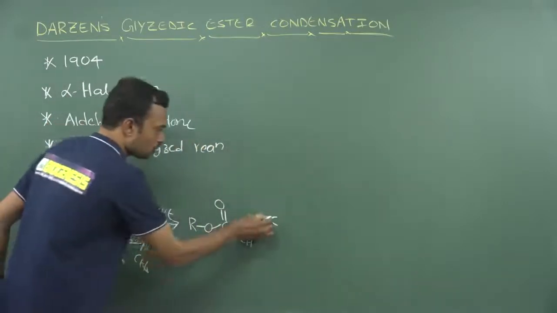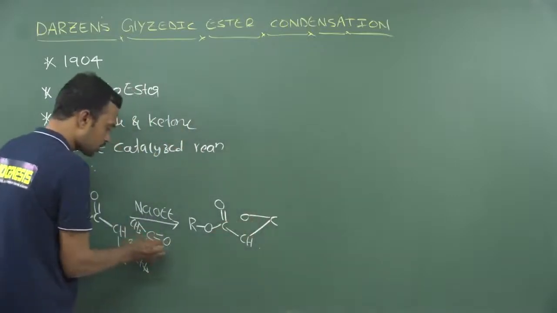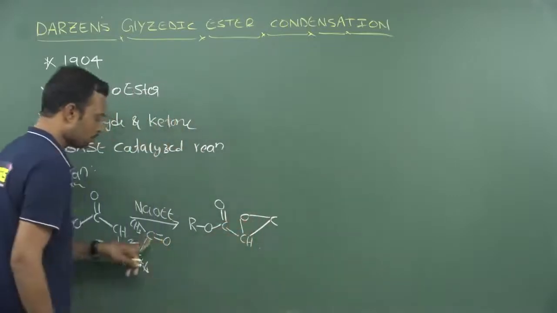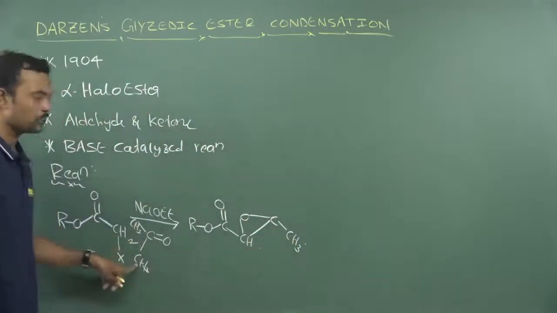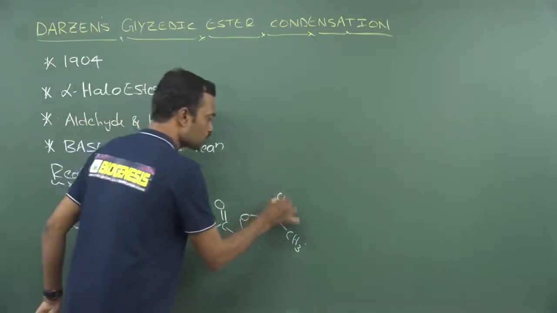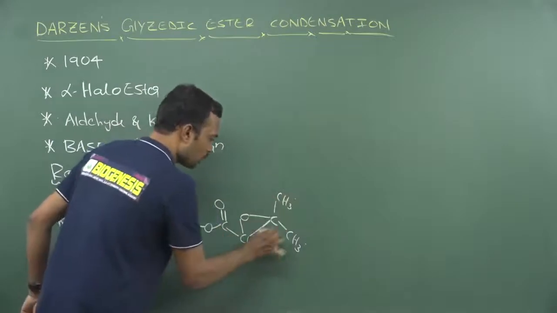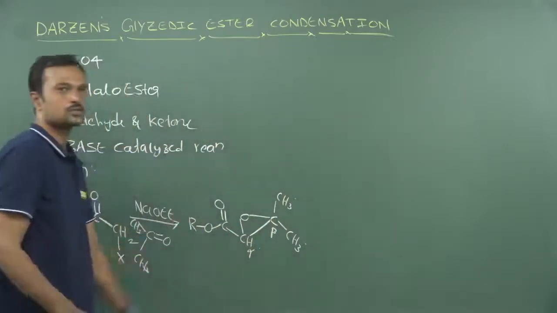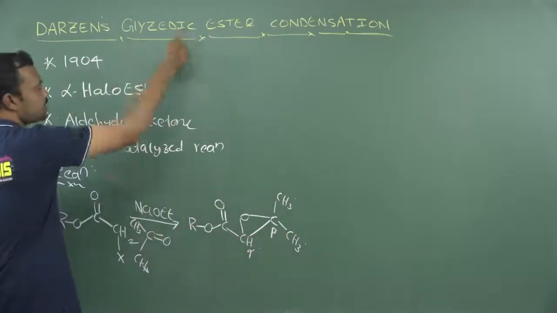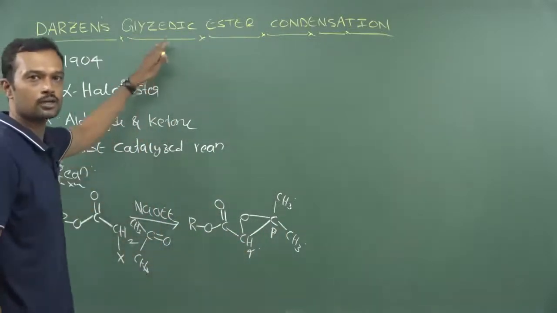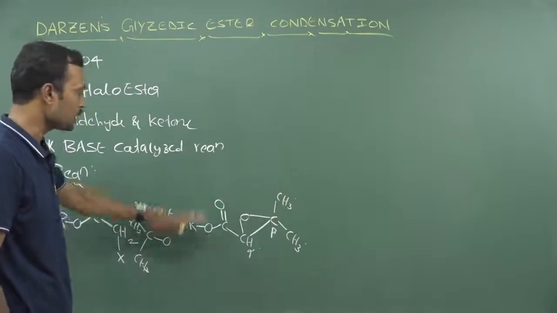Now this is oxygen, and this oxygen attacks once more on this carbon, and this carbon carries two CH3 groups. So this is called an alpha, beta epoxy ester. Alpha, beta epoxy ester is known as a glyceric ester. That is the actual name and structure of a glyceric ester proposed by Darzens.